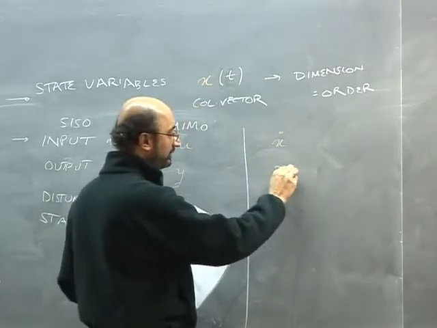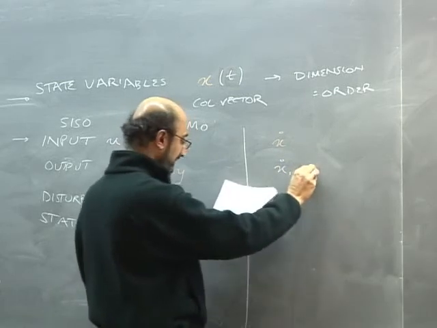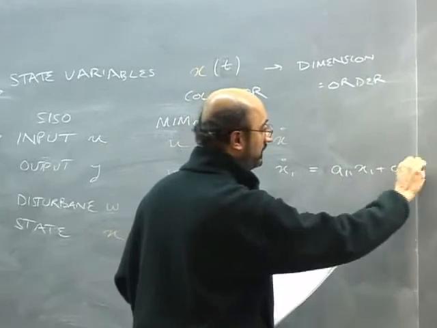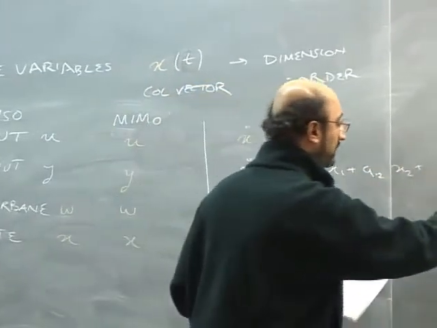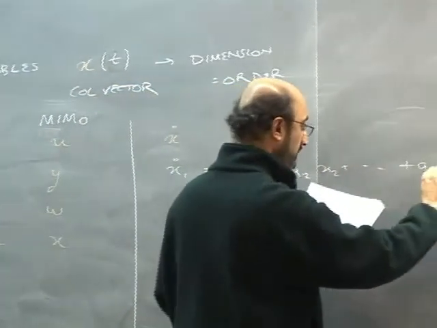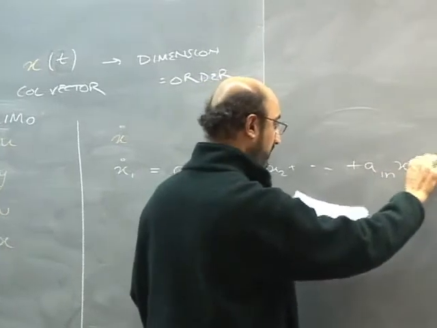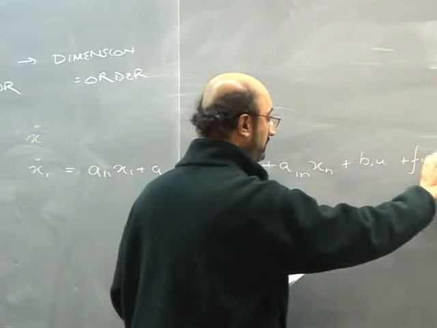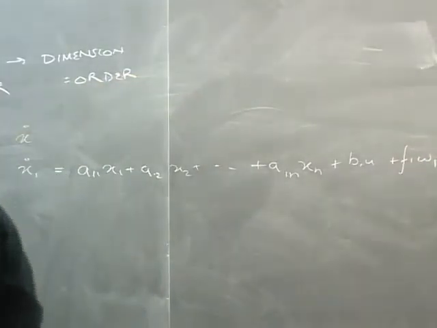We'll break it up into x1 dot. So the first state variable changes like this: A11 x1 plus A12 x2 plus ... A1n xn plus b1 u plus f1 w1.